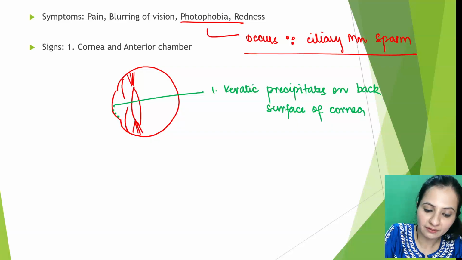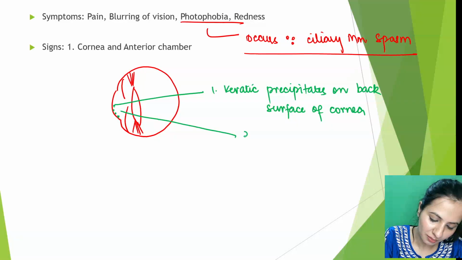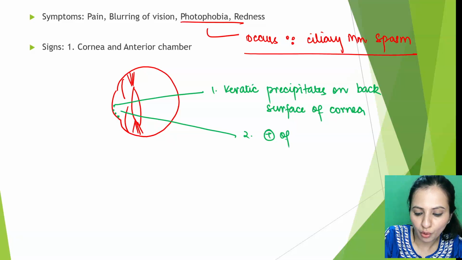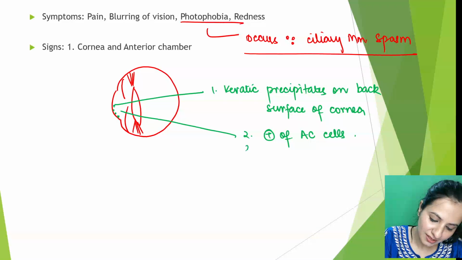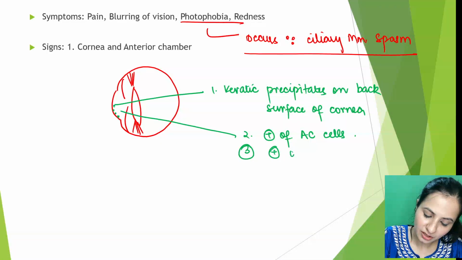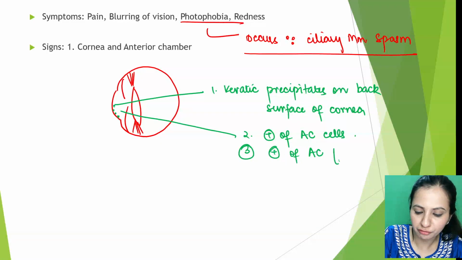Then another sign which we see here in the anterior chamber is the presence of anterior chamber cells. Third sign we see here is the presence of anterior chamber flare.